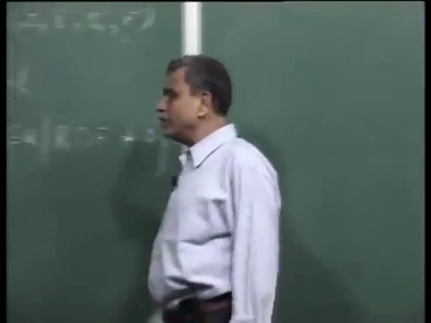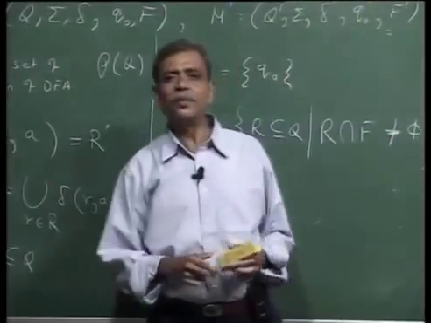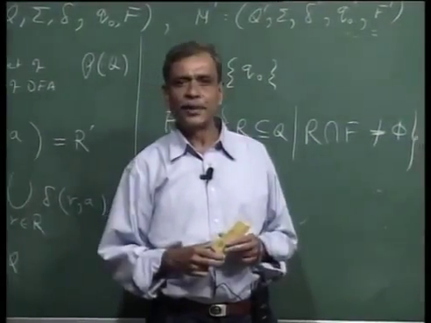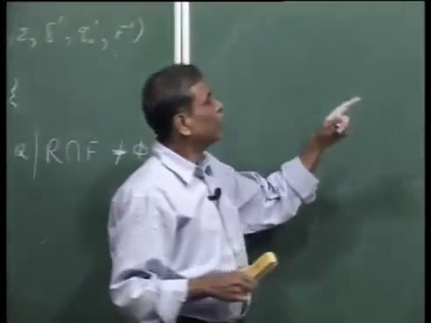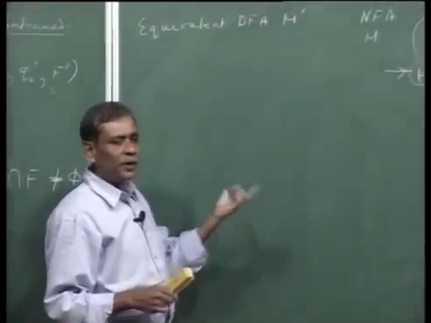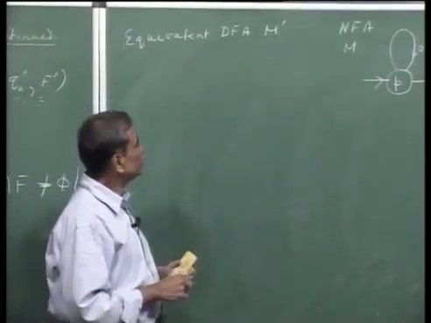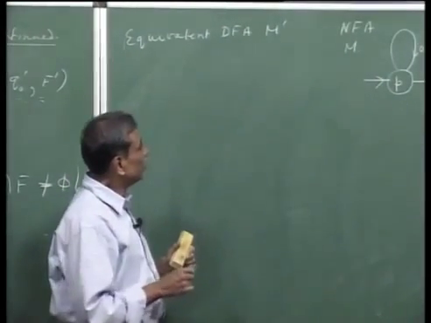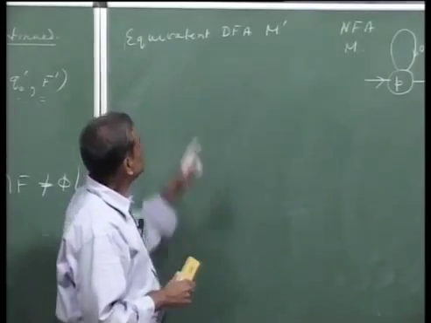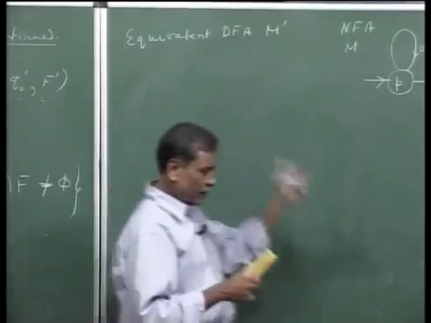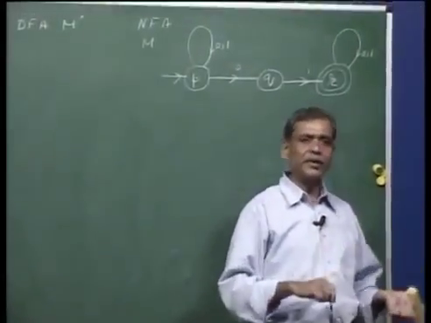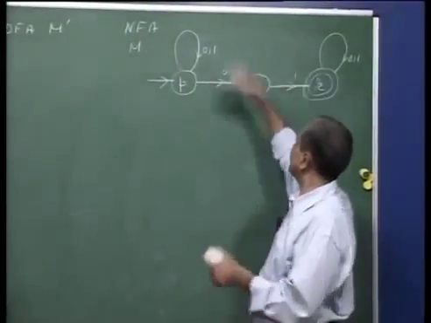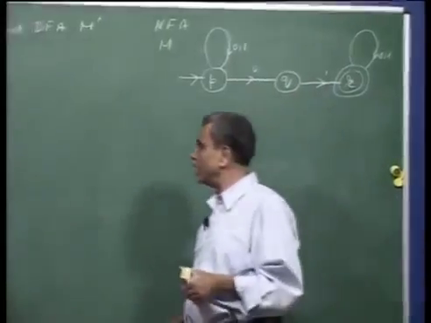But you see some of these states could be inaccessible from the initial state. That is, there is no way you can reach one of these subsets. So there is no point keeping those. So we will start with the initial state of the DFA and see which all states it can reach on 0 and on 1, basically the symbols of the alphabet.